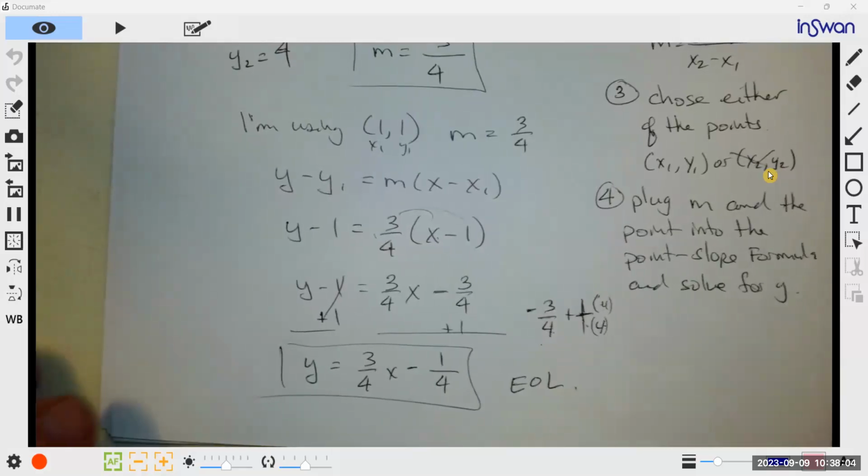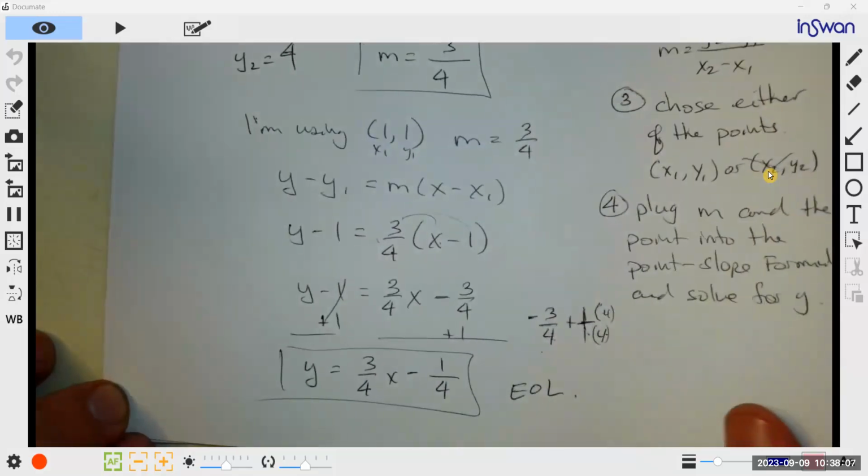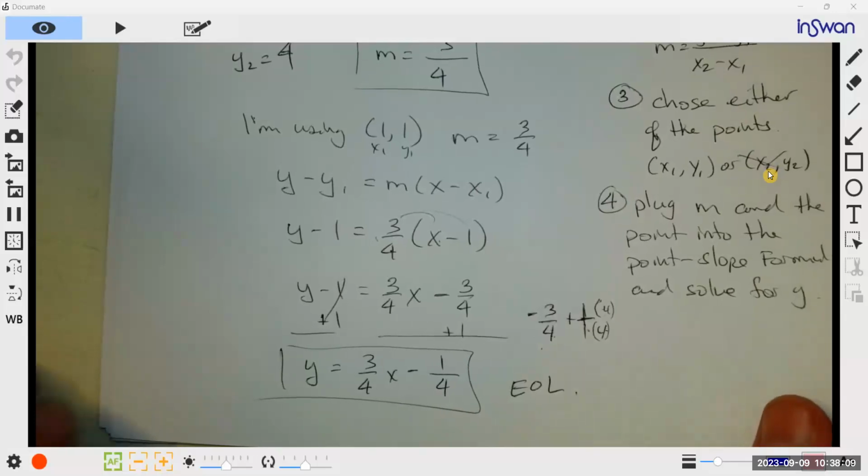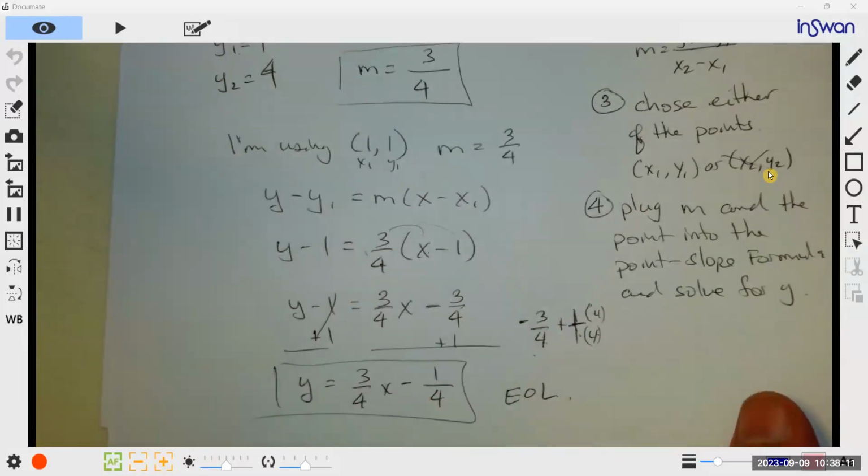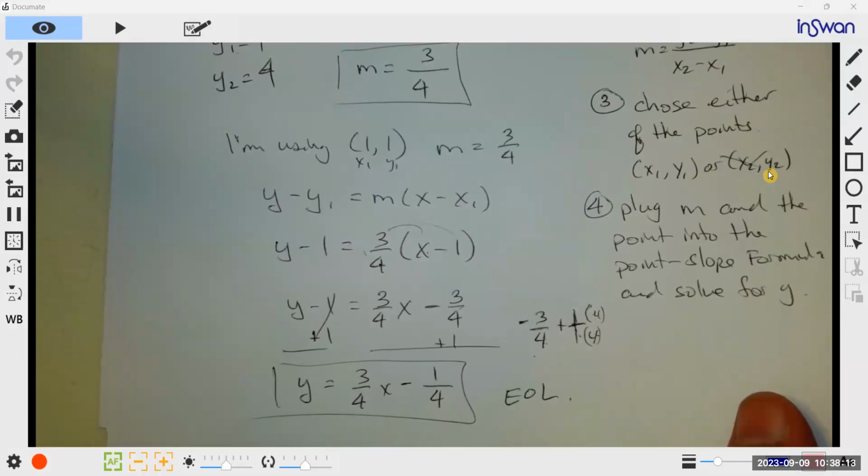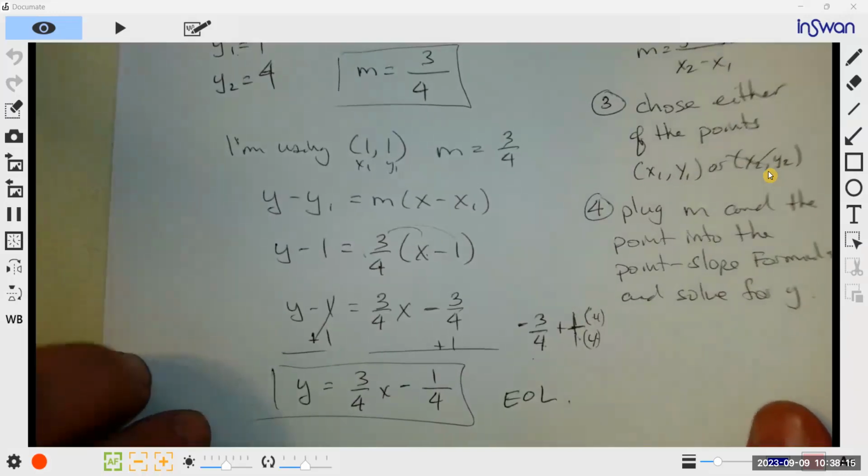Okay, that's using the formulas. Let's look at another way of doing this. We're going to use the same points, (1, 1) and (5, 4).